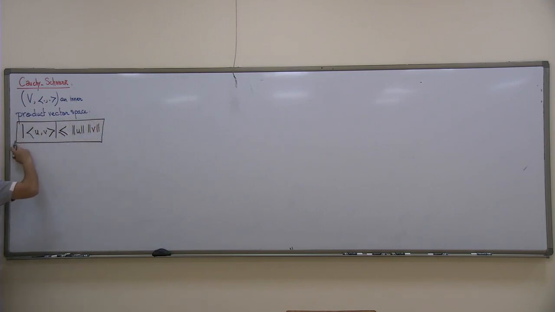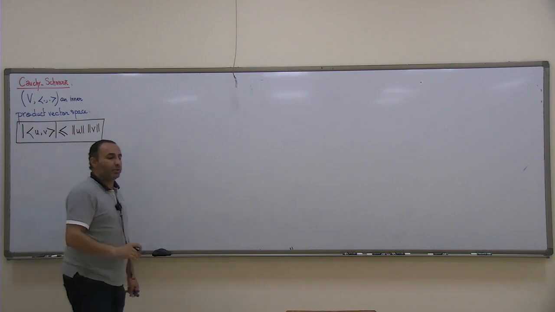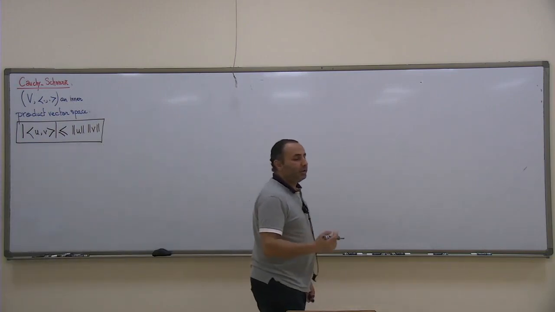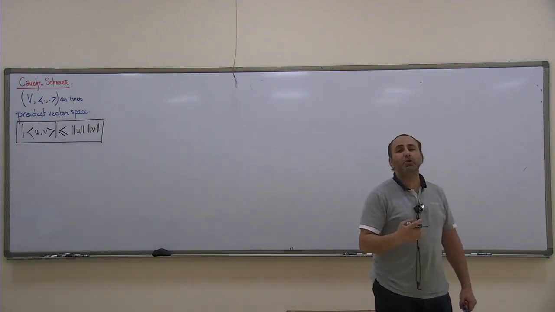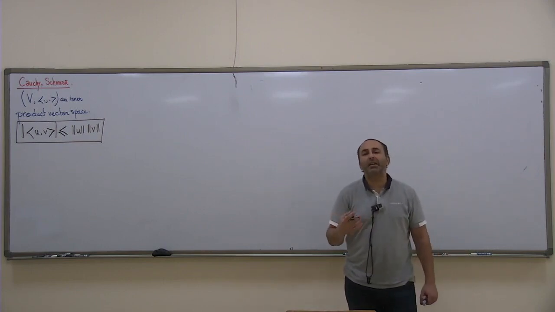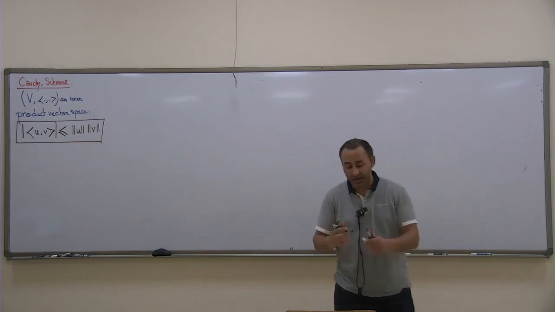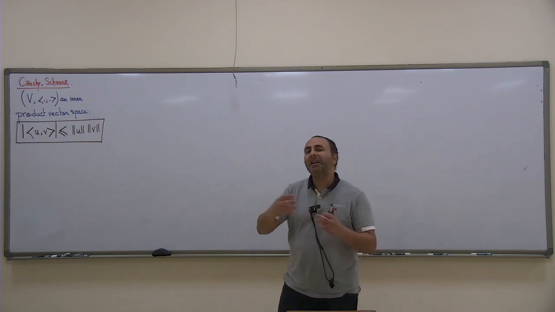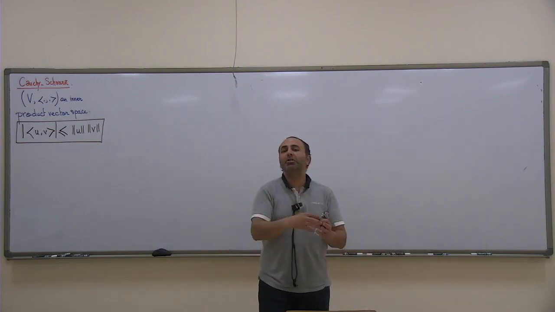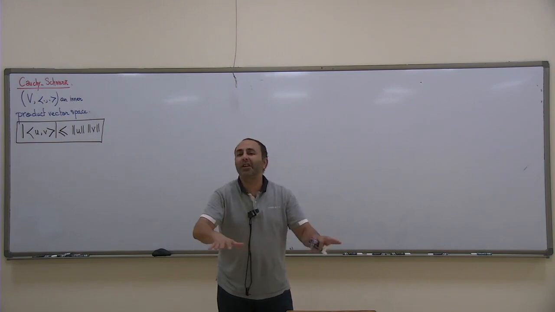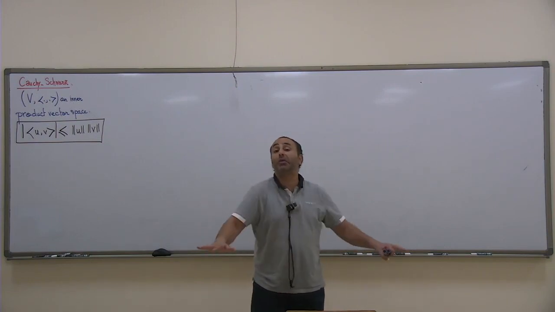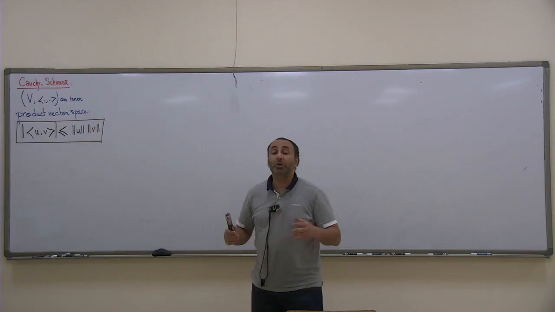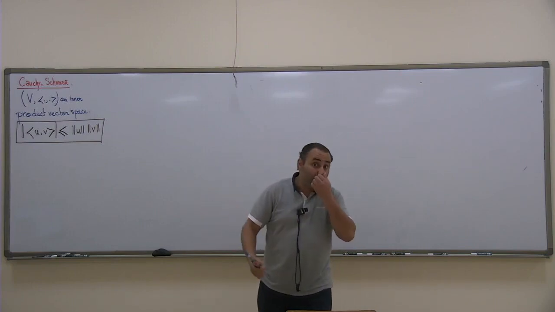Okay. Now, using this Cauchy-Schwarz inequality, I'm going to define the so-called cosine of the angle between two vectors U and V. And let me tell you something. In this chapter, we are using terminology that you have seen before in the Euclidean geometry, the geometry of the plane. So you will see that I'm talking about cosine of angle between two vectors.